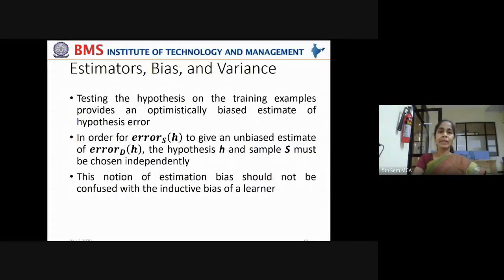Got it? Now, testing the hypothesis on the training examples provides an optimistically biased estimate of the hypothesis error. What do you understand by this?